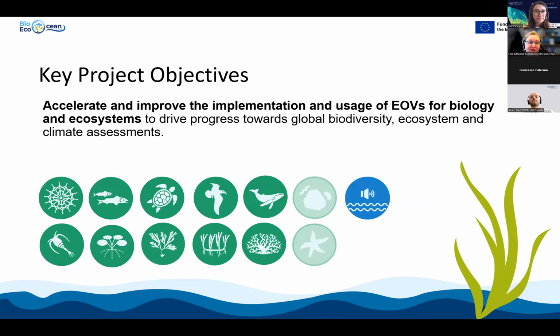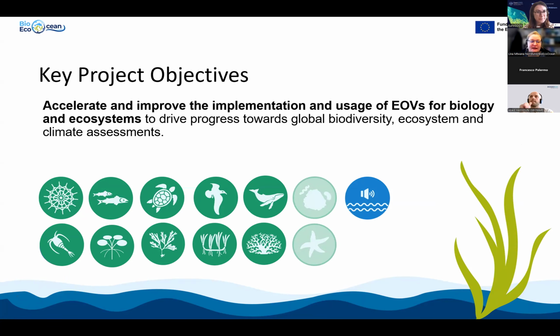One of our project objectives is to accelerate and improve the implementation and usage of EOVs for biology and ecosystems. And as we just heard from the other presentation, we really need more biological data available, so that it can also be integrated in, for example, indicators.